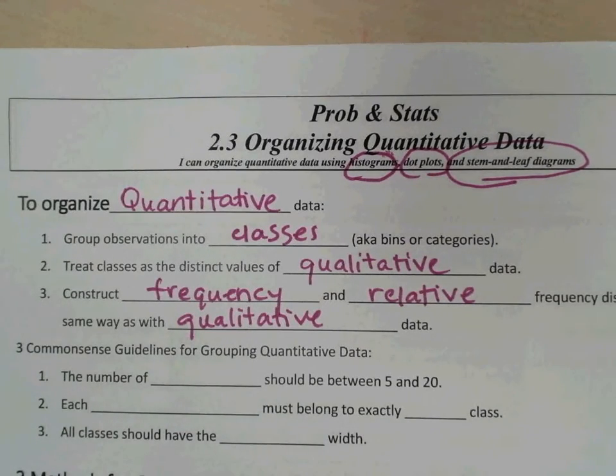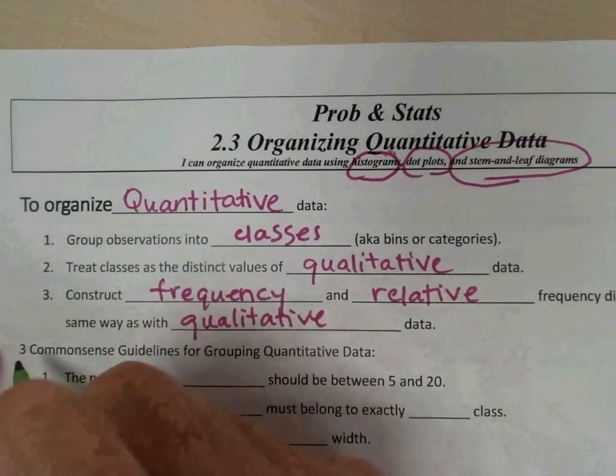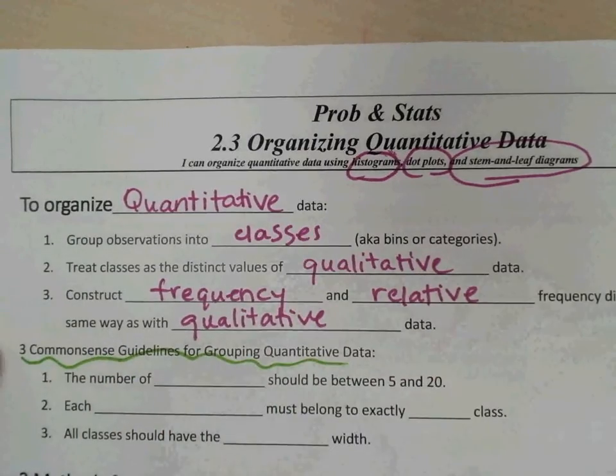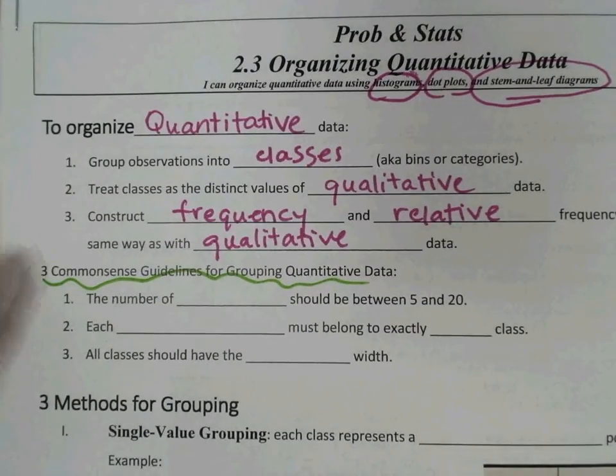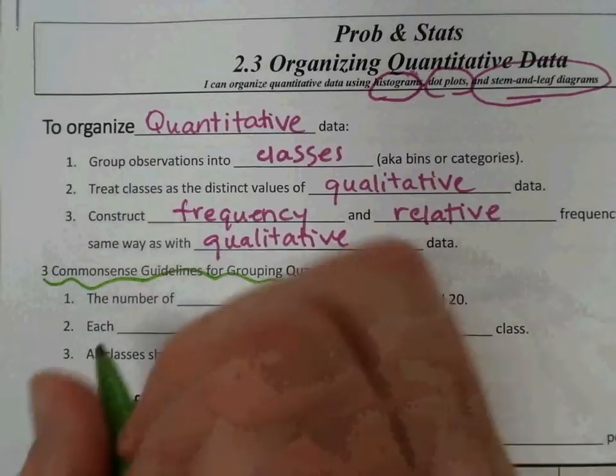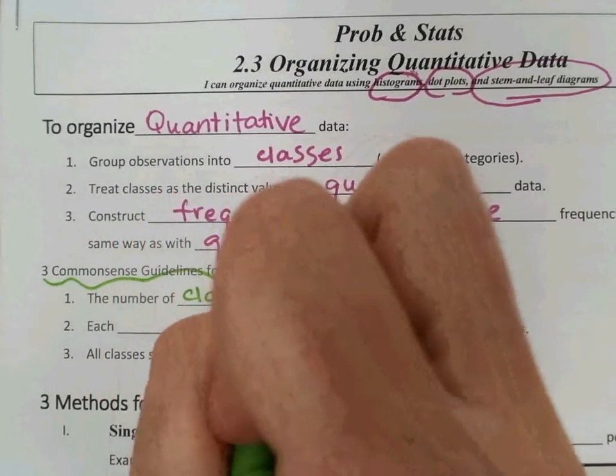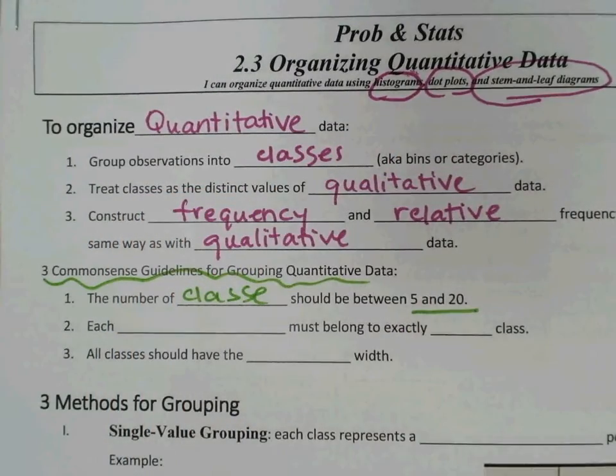Next we have these 3 common sense guidelines. When you think about it, they make sense, but sometimes we forget to think about it. So these 3 common sense guidelines for grouping our quantitative data are: the number of classes should be between 5 and 20. You don't want to have 50 classes.